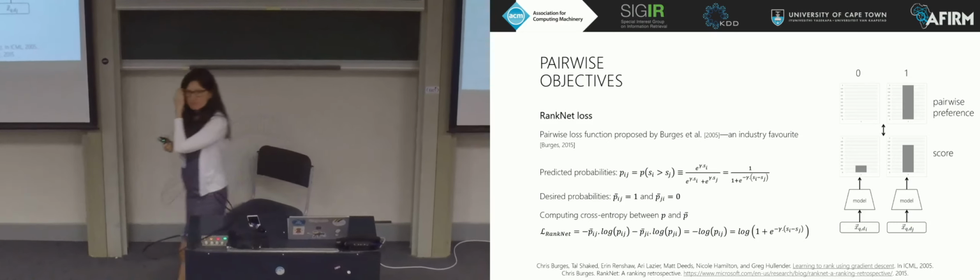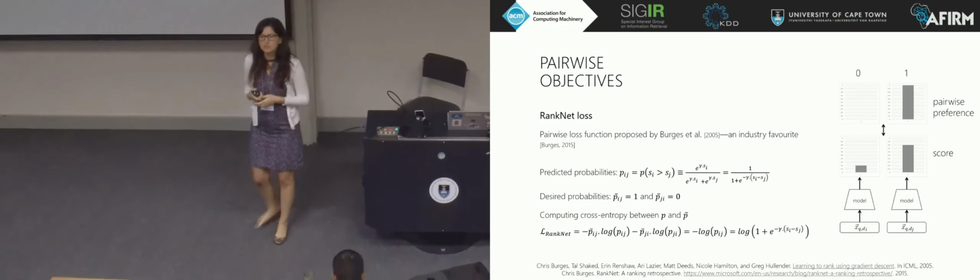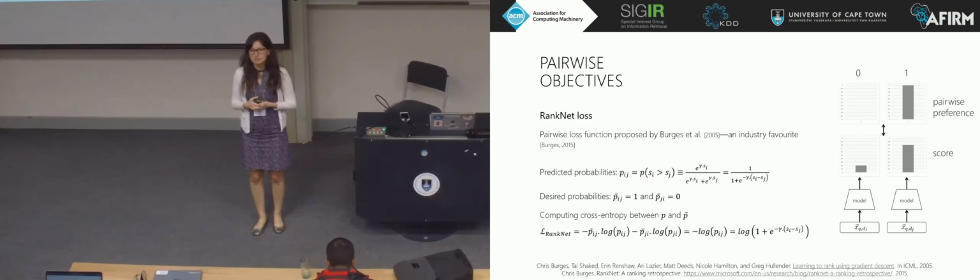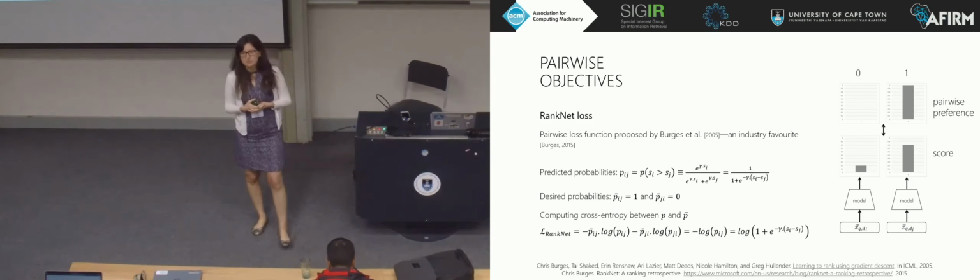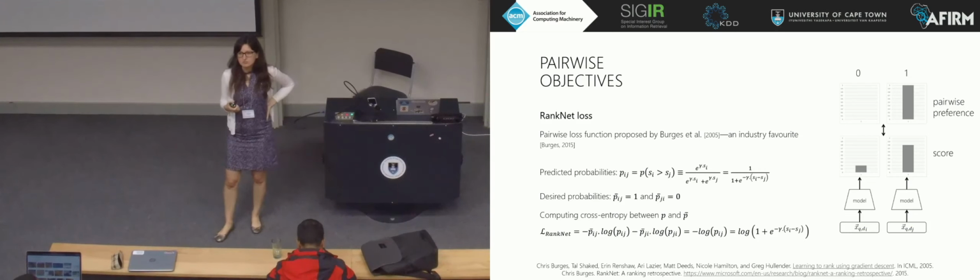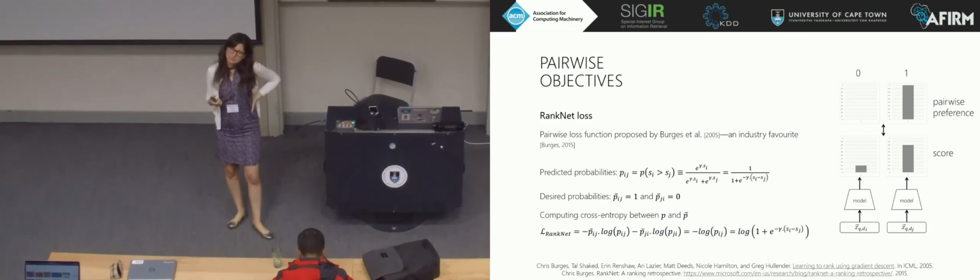You explained some approaches earlier on, the pointwise approach and all that, before the pairwise one. And then you said the reason why those approaches came is because of the challenge with the pairwise, because the metrics are not differentiable. Then you went on to introduce some models like the RankNet loss.